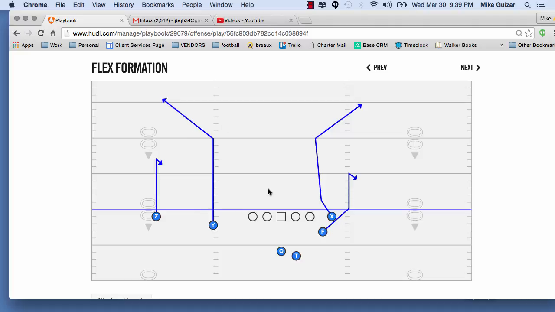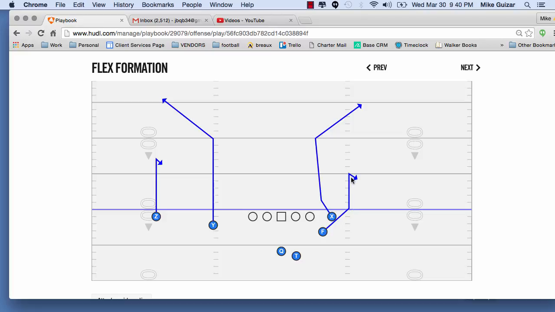Now on the flex side, because it is so tight, it made more sense to have the X break inside a little bit and run the corner, and the F run the hitch, because we want to get width on our hitch.